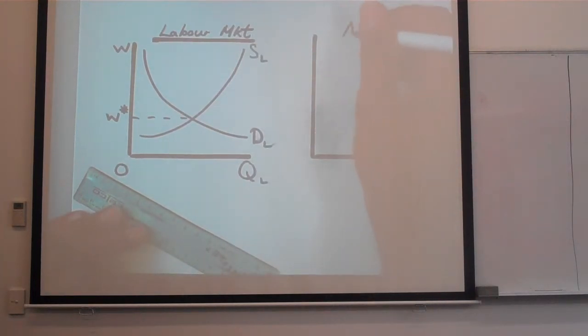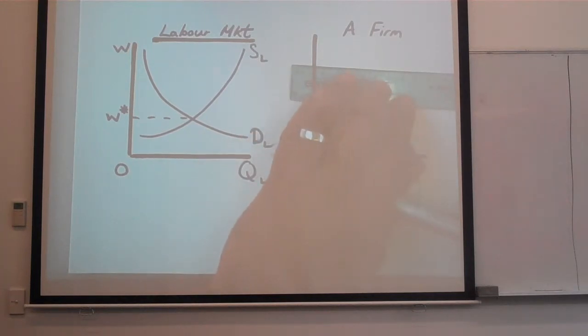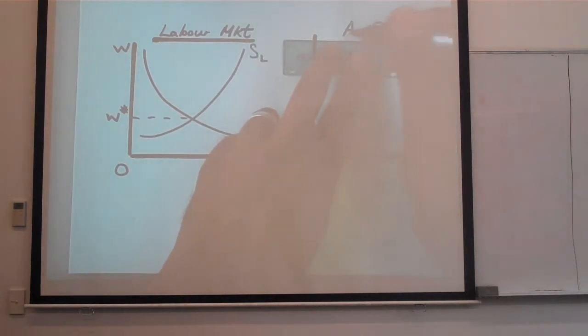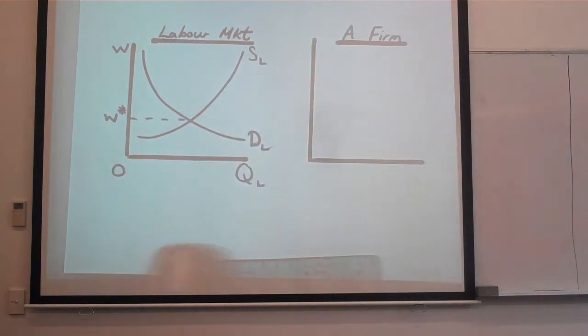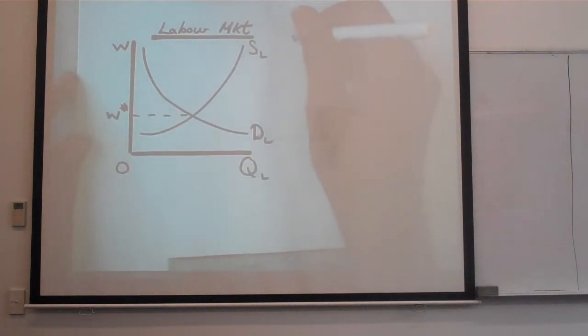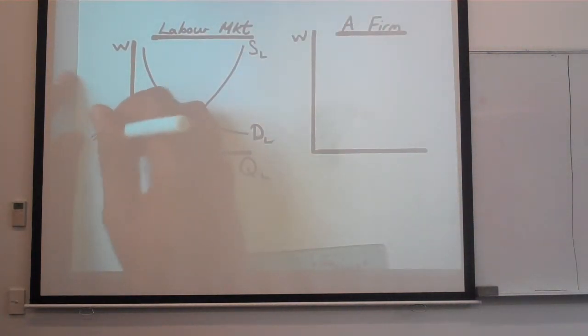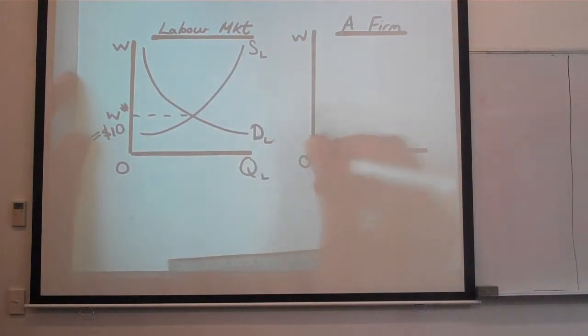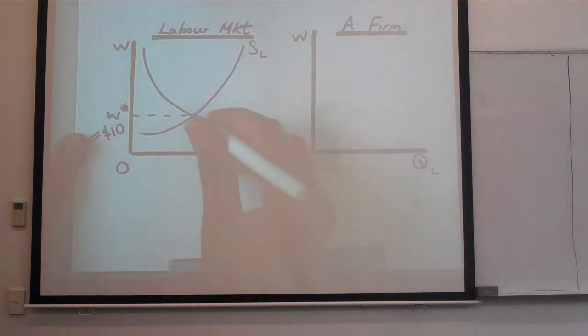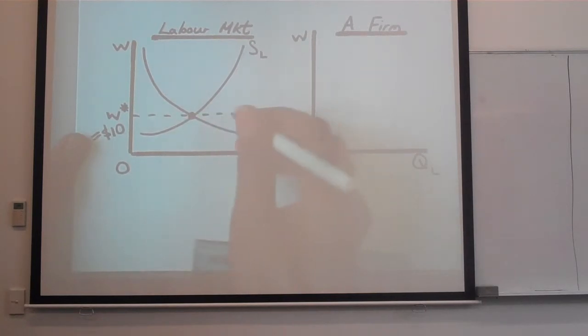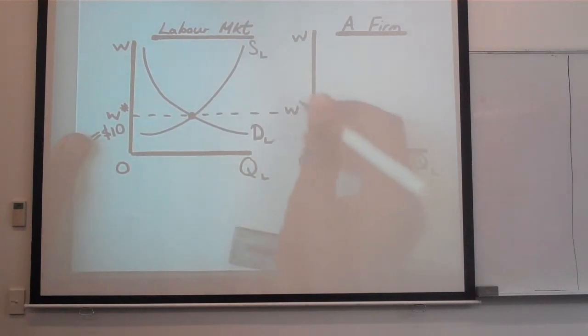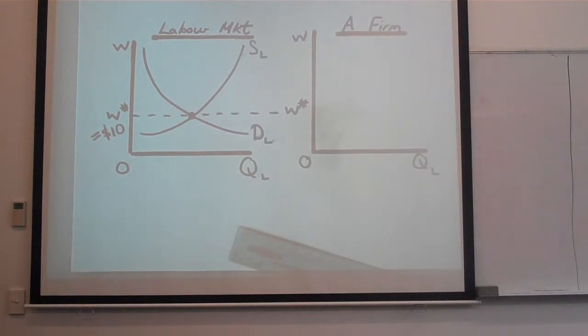Each firm in this labor market is a price taker. If this firm wants to hire labor, let's say for example at $10 an hour, it takes the equilibrium wage as given and it hires labor at that given wage.